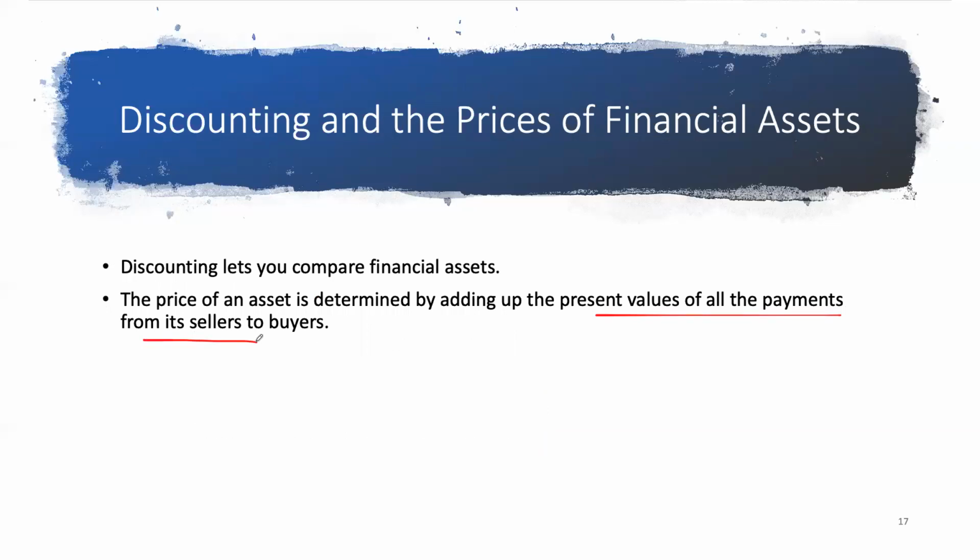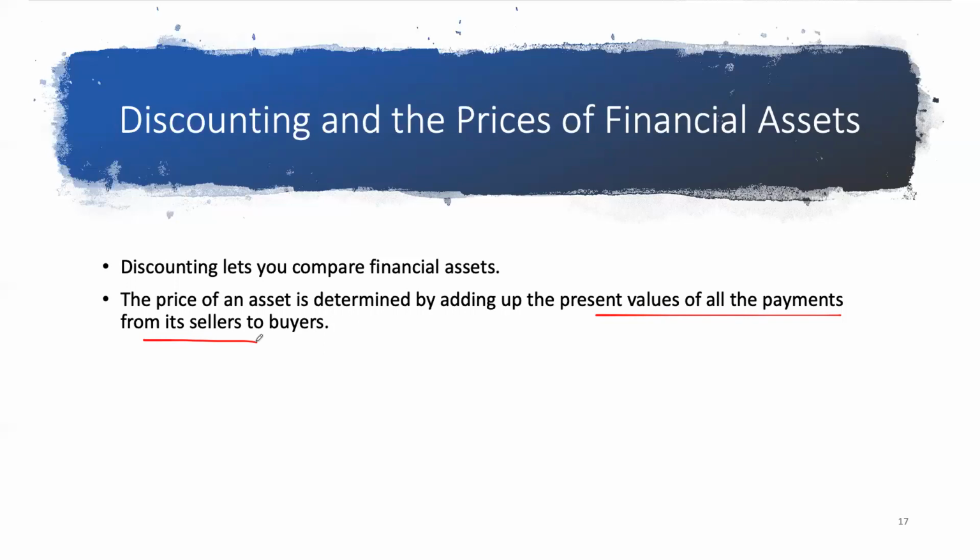So when we buy an asset, we are buying it in the anticipation that it throws off these cash flows into the future. And if we are able to find the discounted value of each of these cash flows that go into the future and add them all up, which is the present value calculation that we've been doing, that tells us the price of the asset. And now once we can do that for different kinds of financial assets, now we can begin to compare among different financial assets and choose which one is better, right?